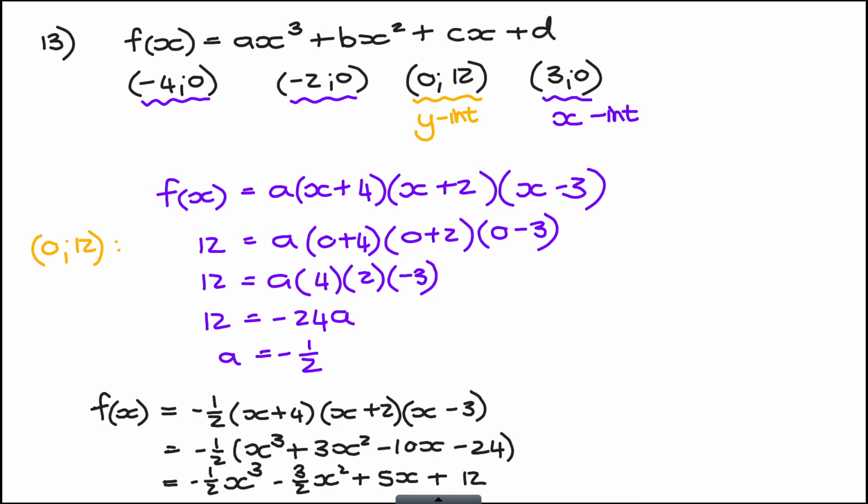Okay, so a will be minus 1/2. b gaan wees minus 3 over 2. c is 5. And d is 12. Ja.